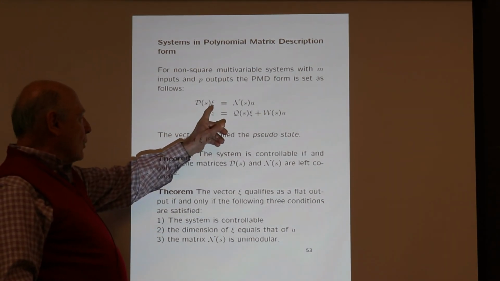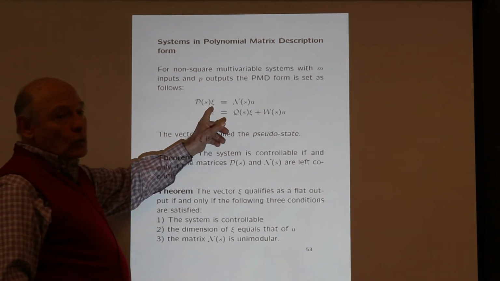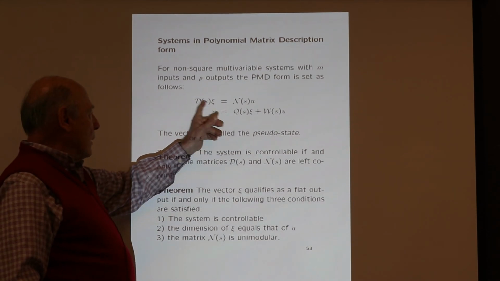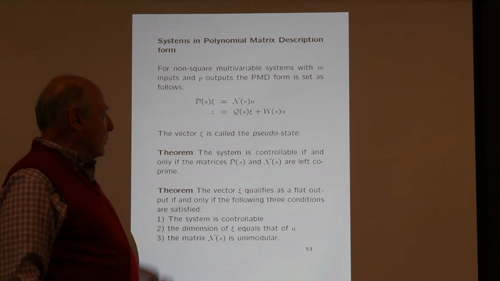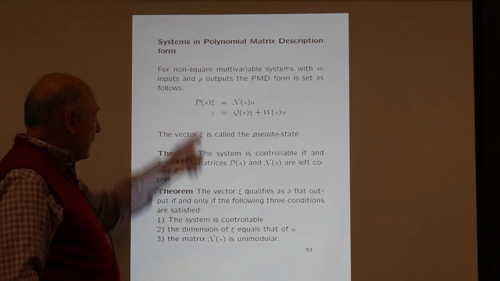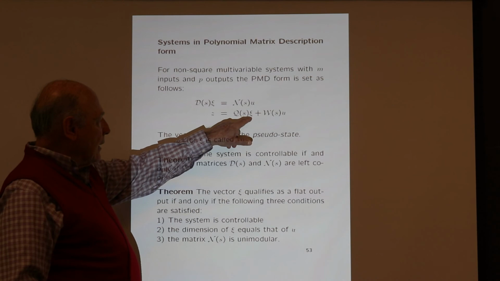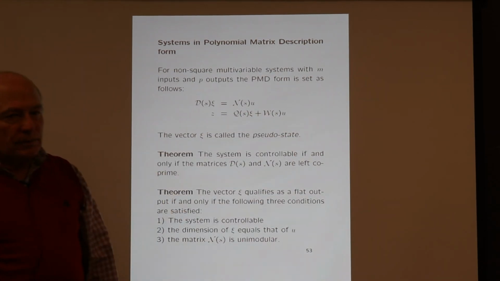This is actually called the pseudo state. The pseudo state is multiplied by some polynomial matrix, and the control is multiplied by another polynomial matrix, and the output of the system is a combination of inputs and outputs.